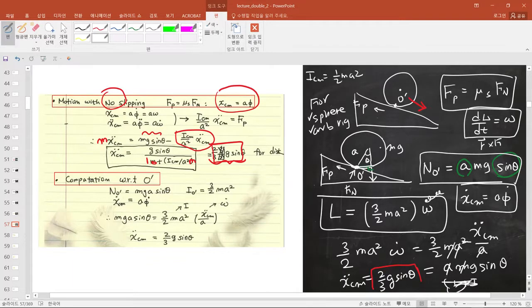So I will just leave it as an exercise to verify that for an arbitrary I, the result of calculation with respect to O or with respect to O prime are the same. Okay, so I urge you to go through this exercise.